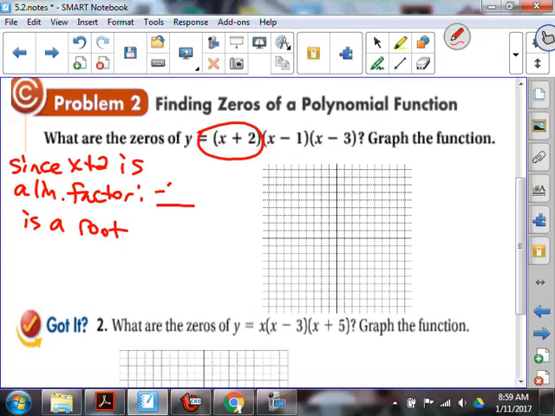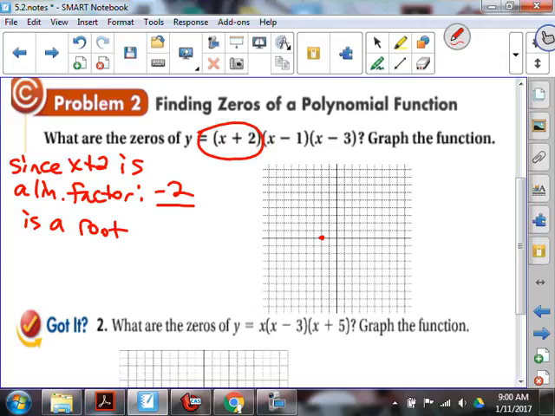Negative 2. So remember what a root is. A root is an x-intercept. It's a solution to the related equation. It is where the graph goes through the x-axis. So when I go to graph this thing, it's going to look something like that right there.